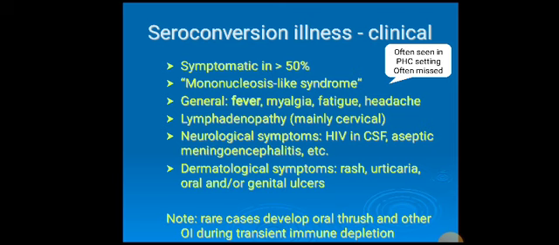The patient is symptomatic in 50%, and will develop features of a mononucleosis-like syndrome: skin rash, fever, myalgia, fatigue, headache, lymphadenopathy, and the patient may even develop aseptic meningoencephalitis initially.